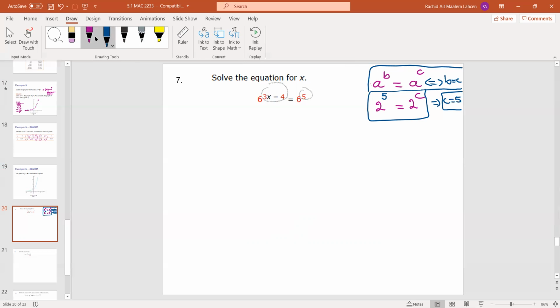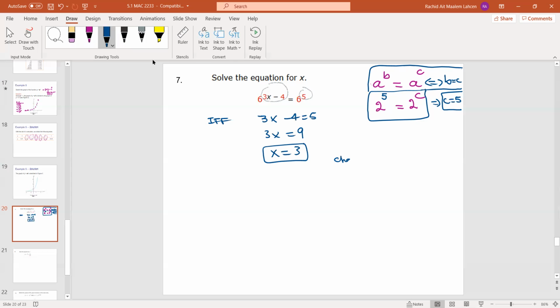These cannot be equal; they are possible if and only if 3x minus 4 equals 5, right? Because the 6 is equal to 6. All right, so add 4 and divide by 3, you get x equals 3.